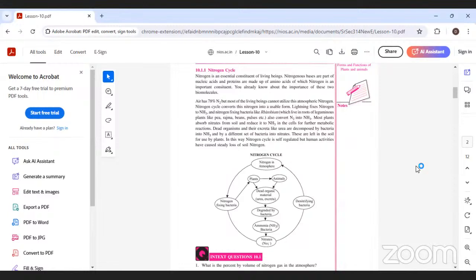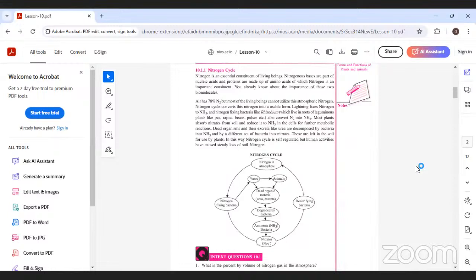When plants and animals die and their wastes decay, the saprophytic microorganisms change them back into the form of ammonia and other nitrogenous compounds, and thus the cycle recommences.